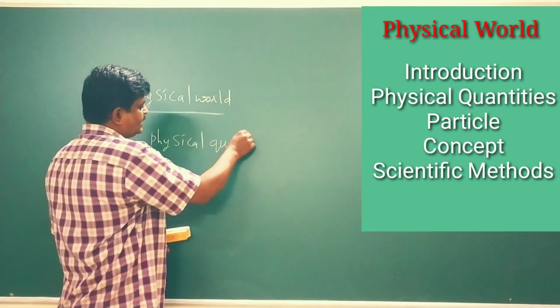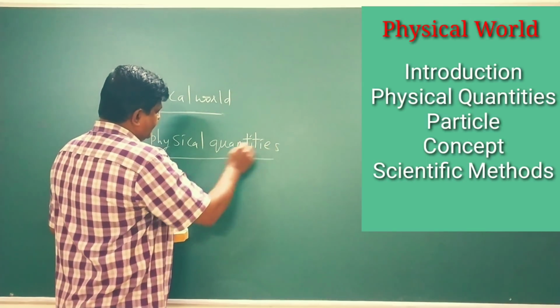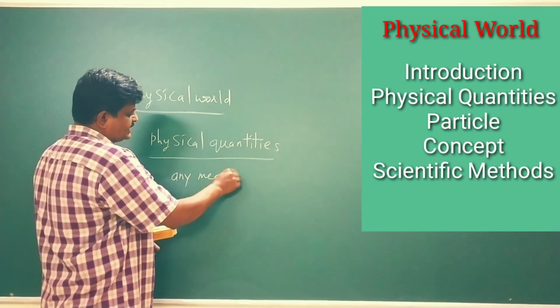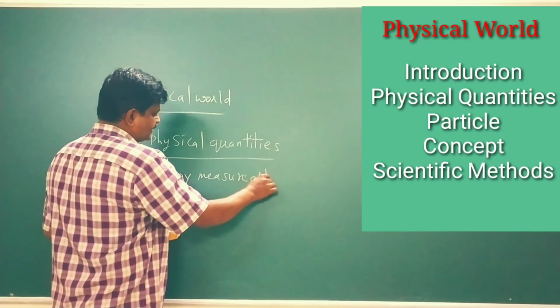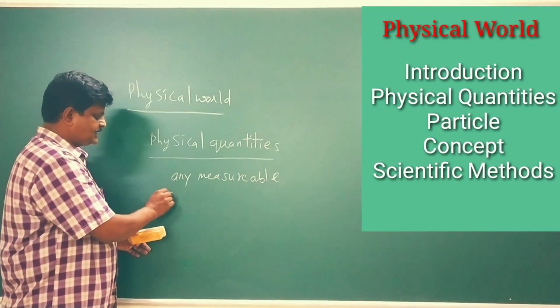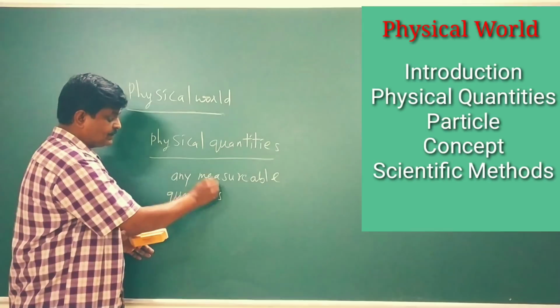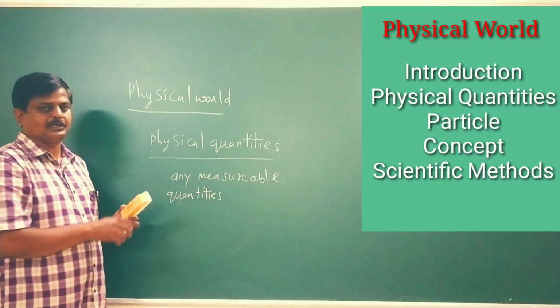Do you know what physical quantities are? Any measurable quantities are called physical quantities. Any quantities, if you are able to measure them, come under physical quantities.